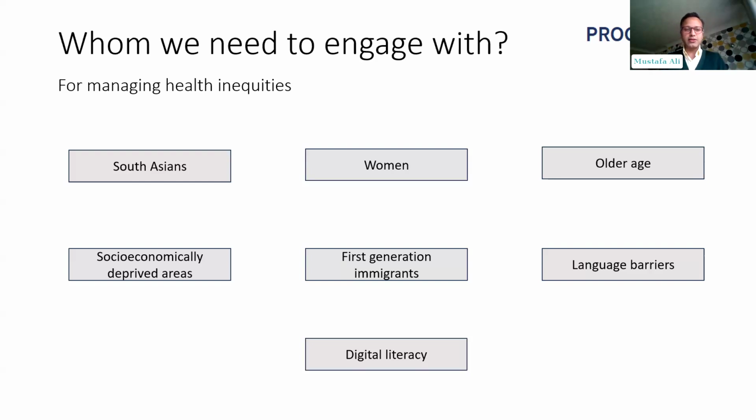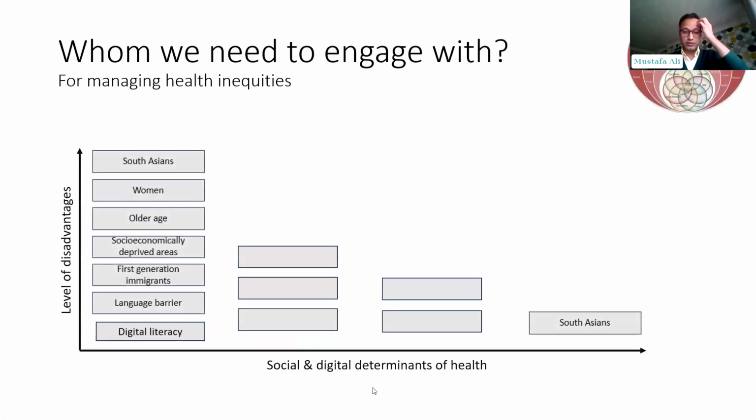So just saying South Asian does not mean that everyone is included in that group. So we need to look at those characteristics which are more specific. So basically looking at the intersection of these characteristics and identifying these subgroups within the South Asians.